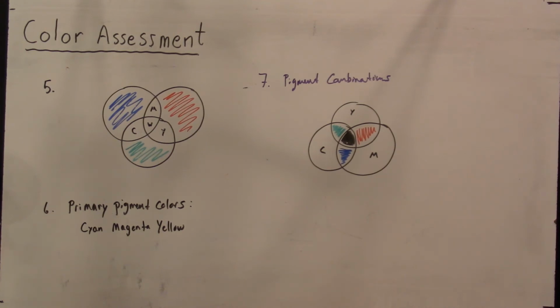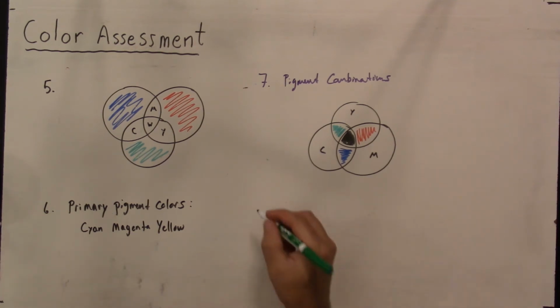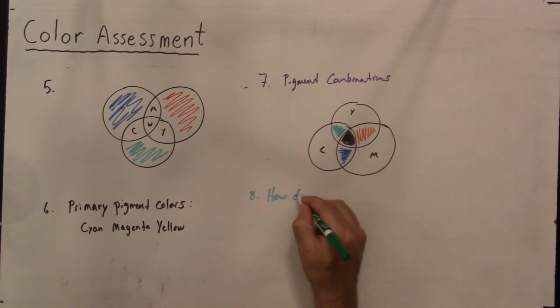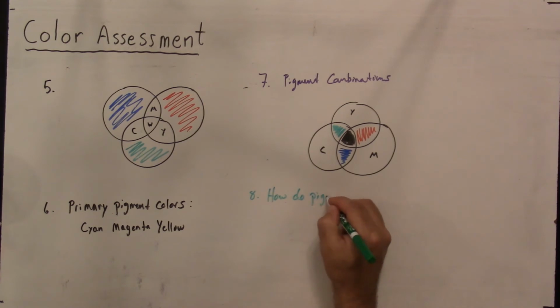All right, number 8. Eight basically asks, how do pigments form colors?